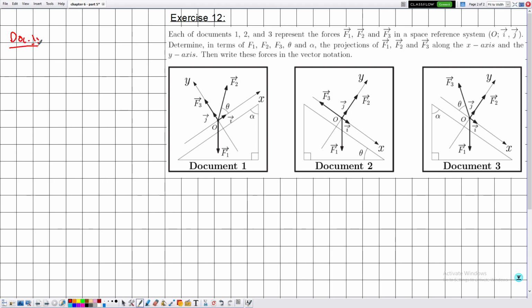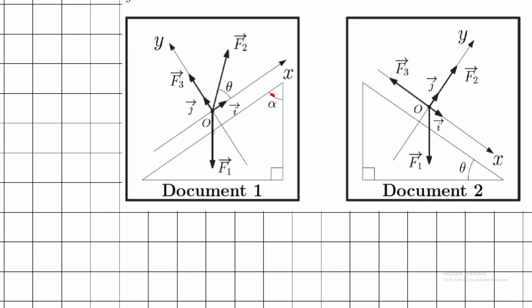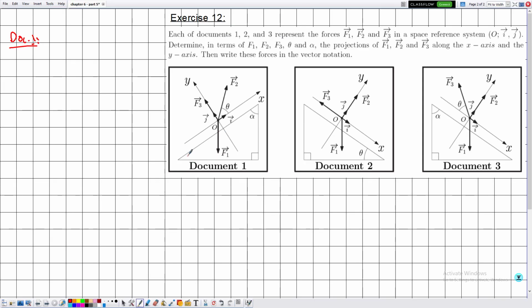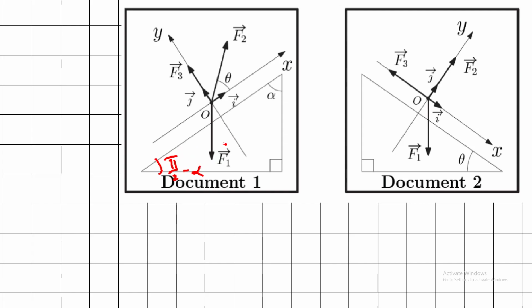And before we project, let's indicate the angles that the forces make with the x and the y-axis. So notice that if this is alpha and this is pi by 2, then this is pi by 2 minus alpha. So if this is pi by 2 minus alpha, then this is simply alpha. Why?